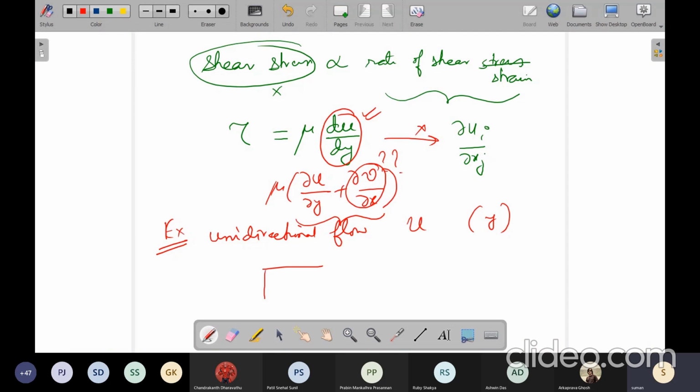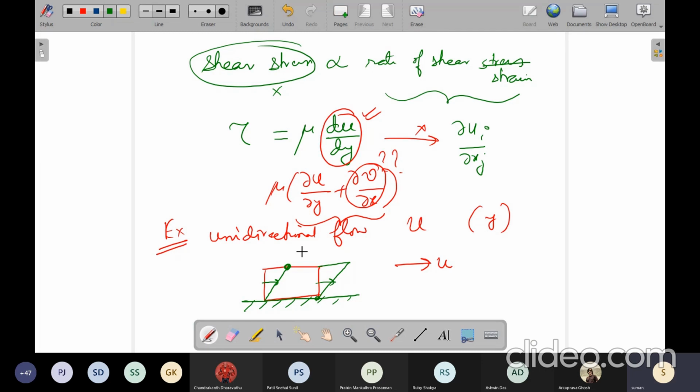So when you have a fluid element like this and the motion is only along x and there is no motion along y, let us say this is on the solid surface. So this is grounded here. It is not moving. So this element, because of u, will move to a new location over a period of time.